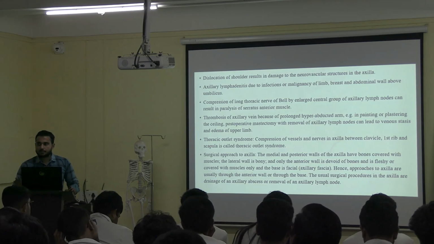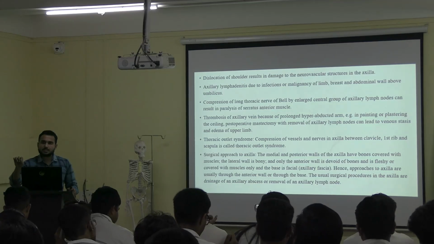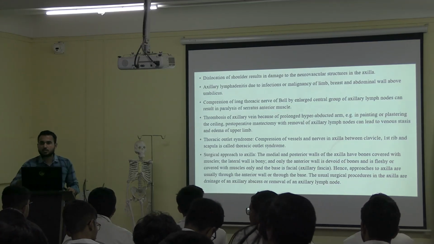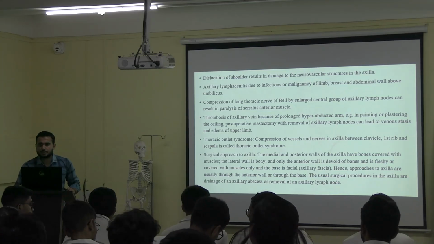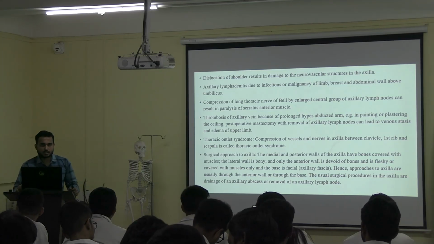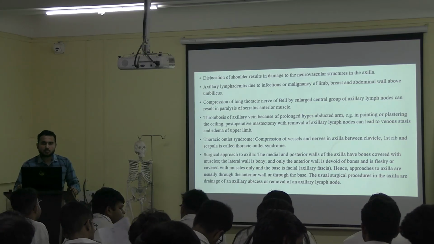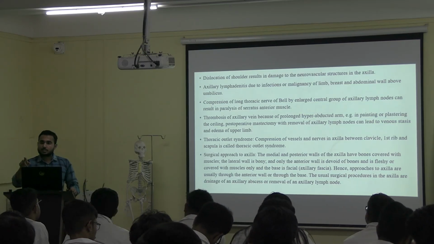Most of the things I have covered. If a few things are left in the book, please study them yourself, and if you are not understanding, please come and ask. We'll discuss in the class, but most of the things are discussed. Those things which are not discussed, you may get questions in the exam from those points also.